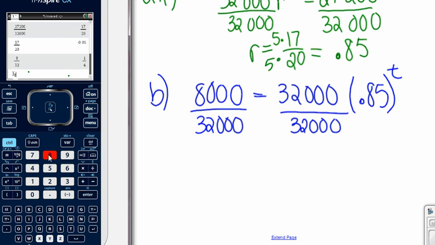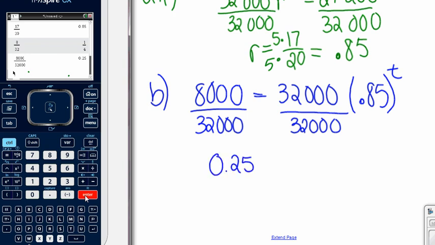Let's see, okay, so 8,000 divided by 32,000. I'm going to use the control equals. And we get 0.25. So either way, we've got 1/4. And that's equal to 0.85 to the t.